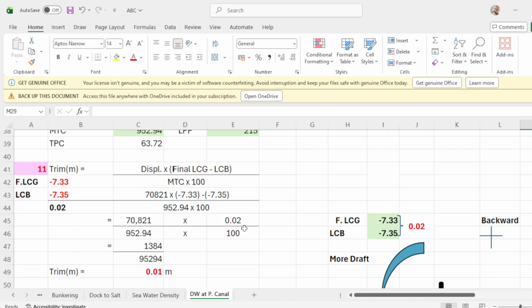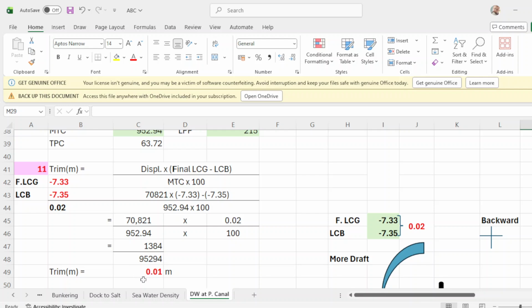That will be 0.02, multiplied with your displacement of 70821, over 5952.94. Multiply this one, that will be 1384. You divide this one, then your trim will be 0.01. Your trim is 1 centimeter, which is almost even keel.